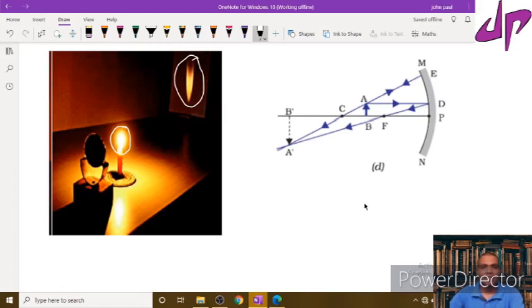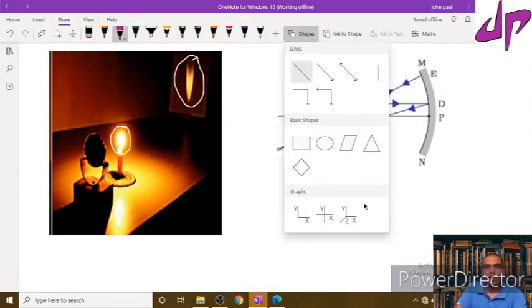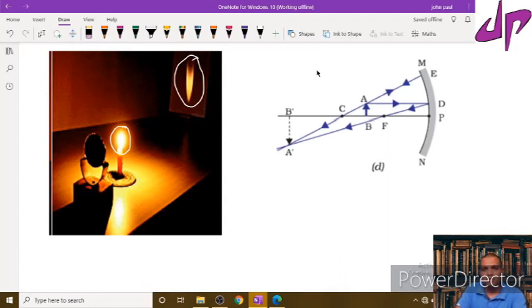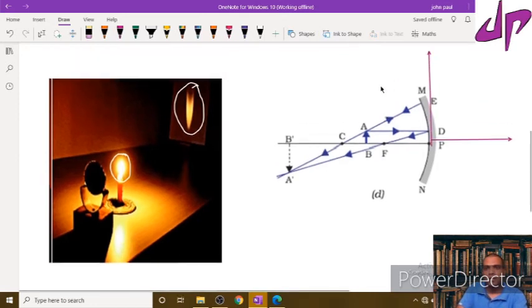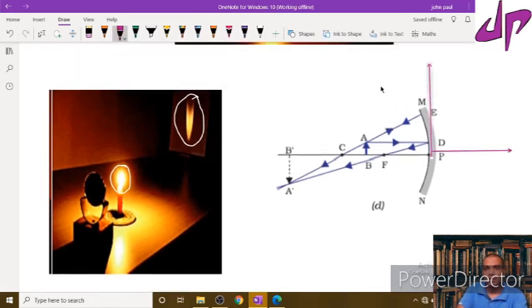How do we measure the height of the image? For the object height, we need to take the help of the Cartesian sign convention. Here you take the positive x-axis, and on the other side the positive y-axis, and down it will be the negative y-axis.